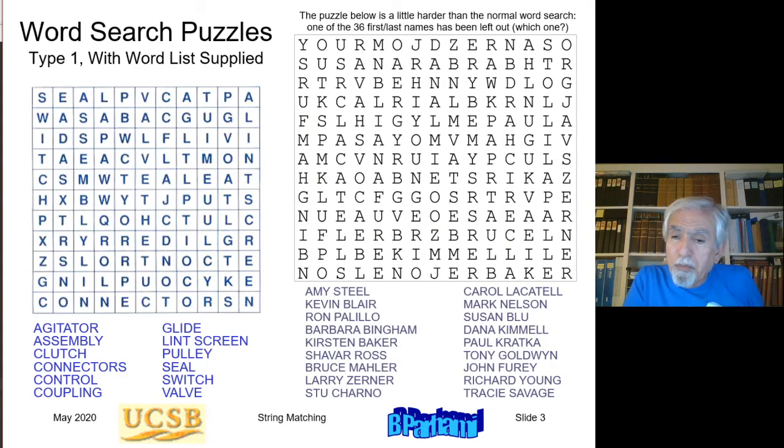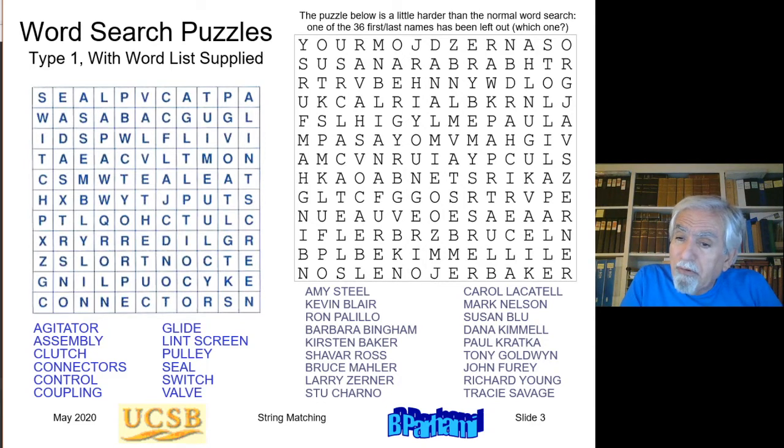Now, word search puzzles are among the simplest puzzles that there are. Not much thinking or insight is required to solve word search puzzles. They're basically more routine activity.